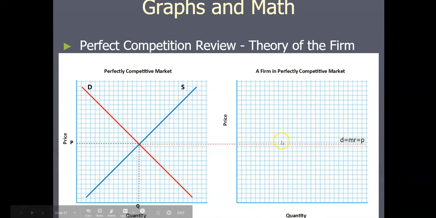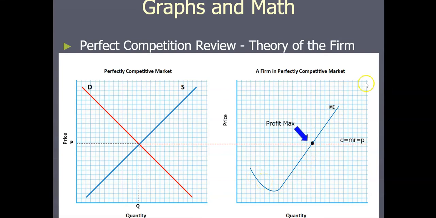Each additional product that is being produced is going to bring in $3 of revenue. And when we add a firm's marginal cost curve, we can find what we call the profit maximization point, where marginal cost intersects or equals marginal revenue right here.